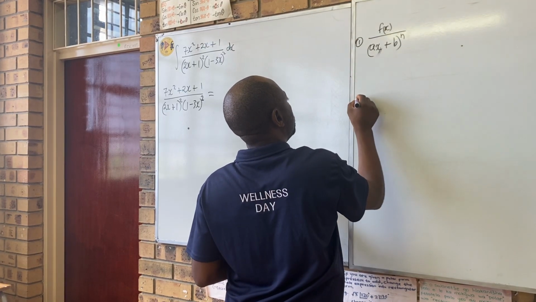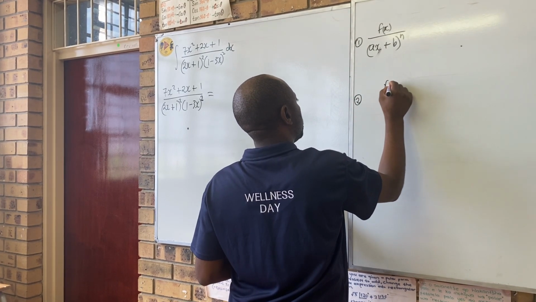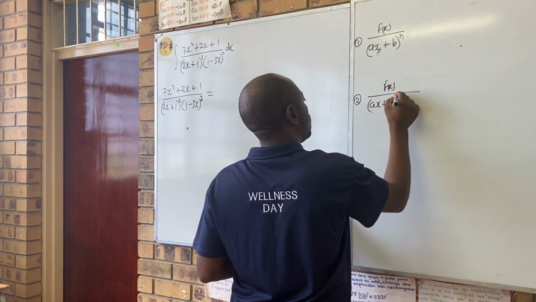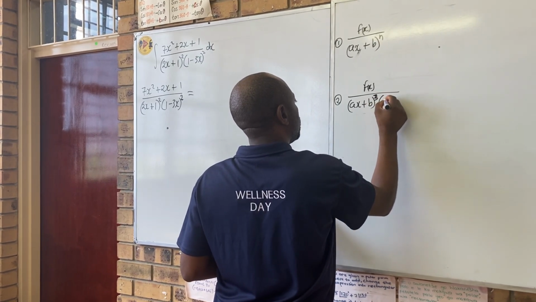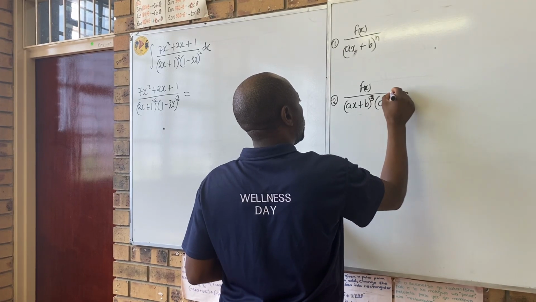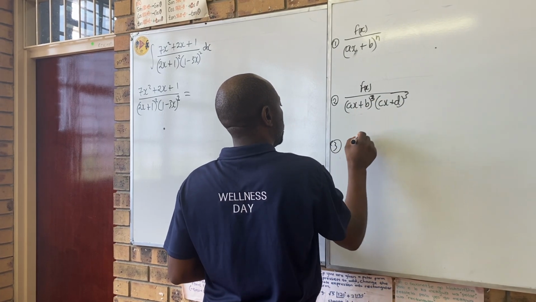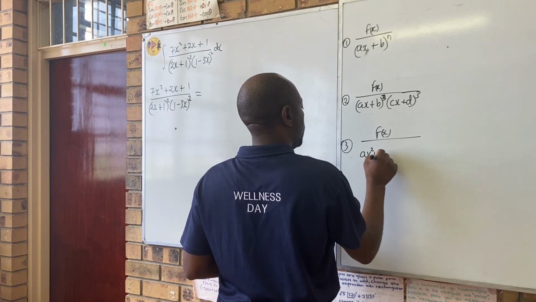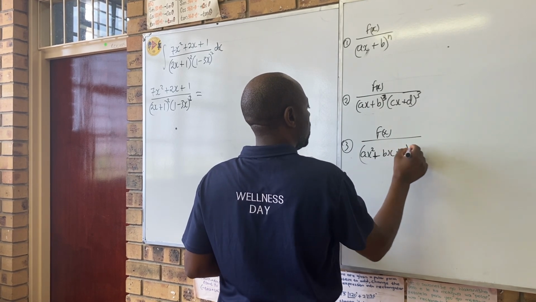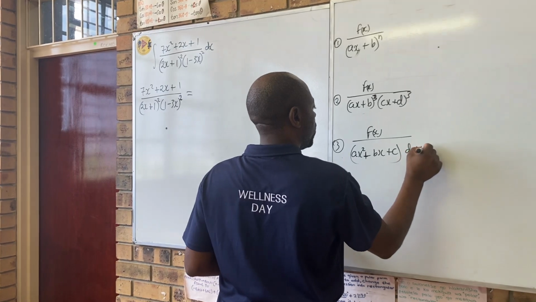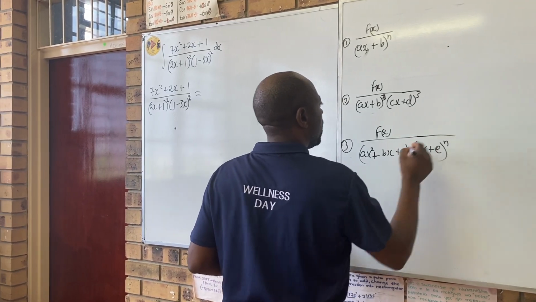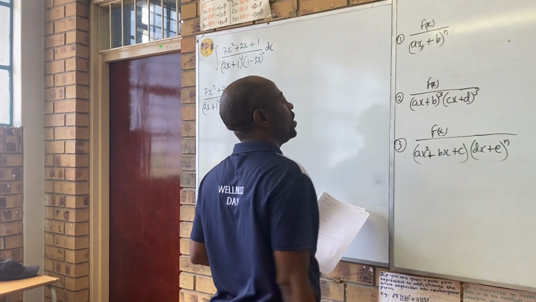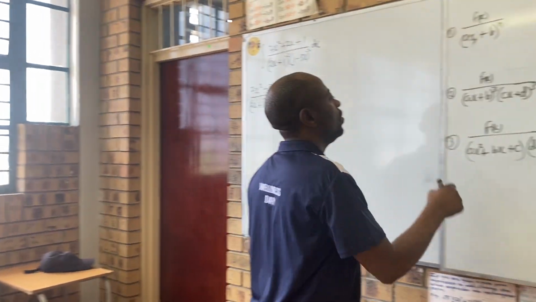The second has f of x on (ax plus b) to the power 3 into (cx plus d) to the power 3. Then the last one has f of x on (ax squared plus bx plus c) into (dx plus e) to the power n.